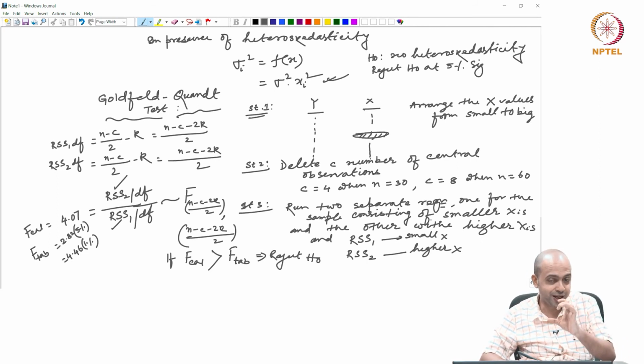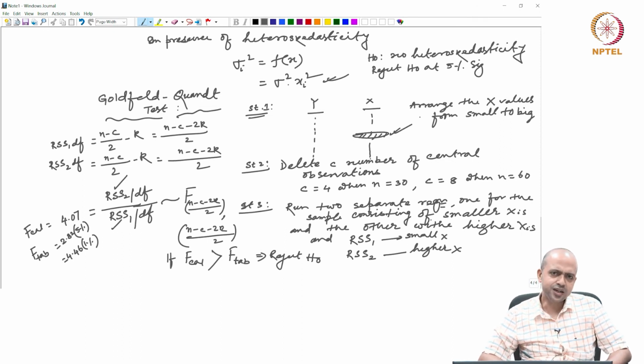That is why, when I run the regression for sample 2, where all the large x values are there, we assume that RSS 2 would be quite large compared to RSS 1, and to get a very stark difference between RSS 2 and RSS 1, the central observations are deleted.